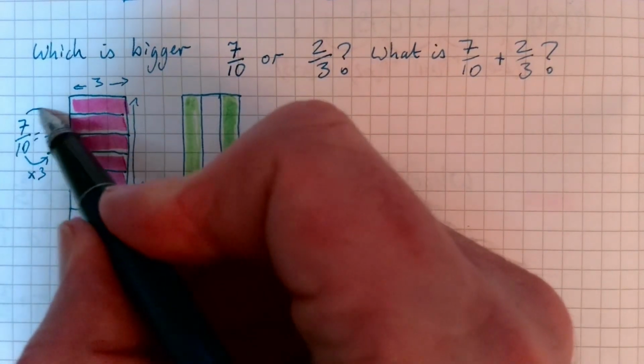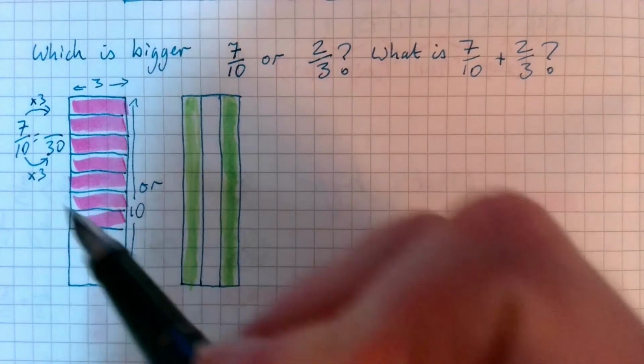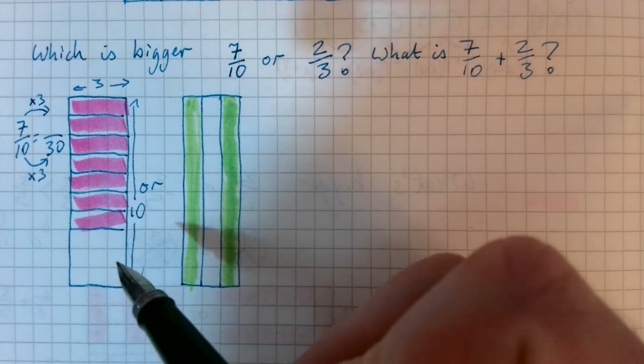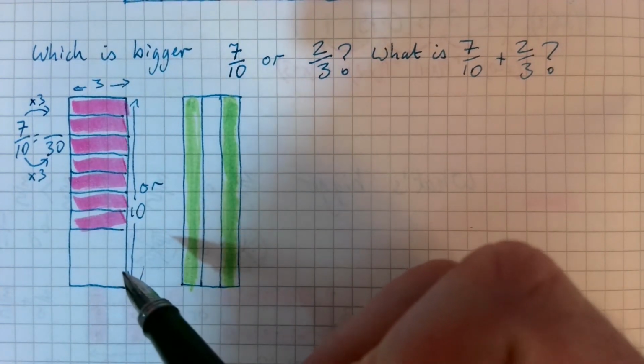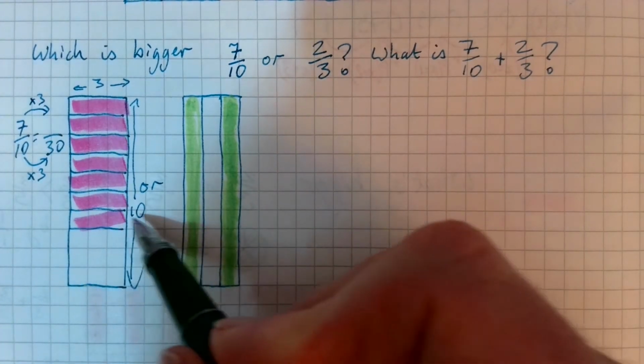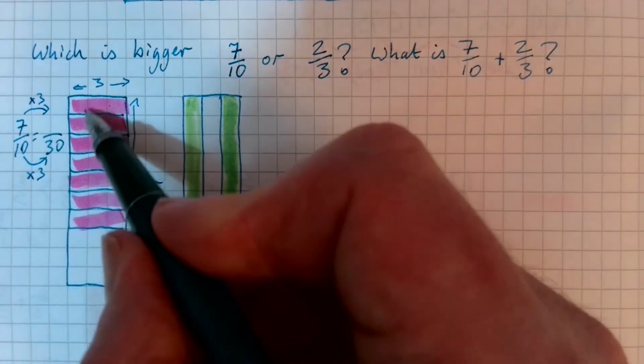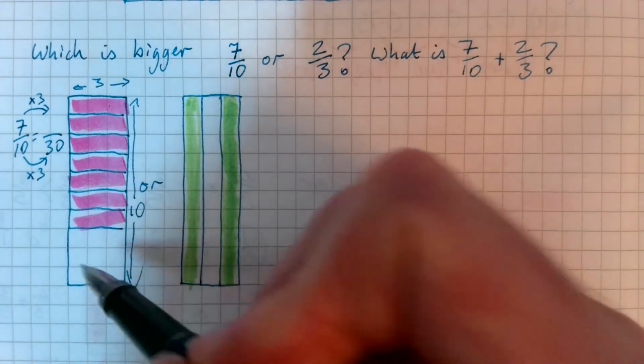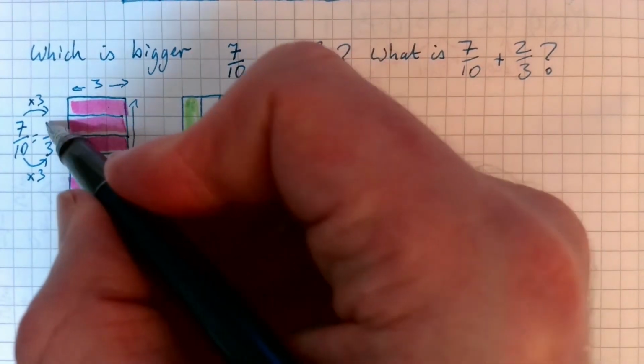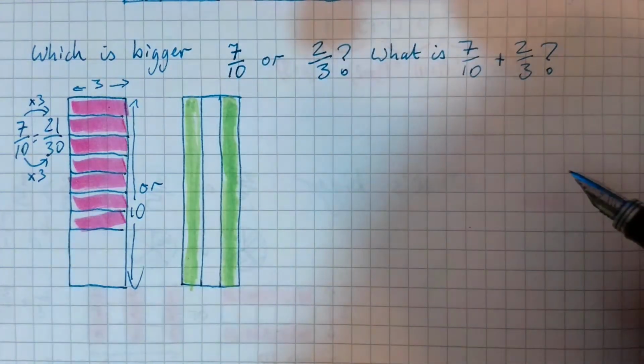Then we're going to need 3 times as many of them, because instead of each piece being 1 strip 3 wide, they're now 3 squares, aren't they? We're cutting them this way as well. So that is 21/30.